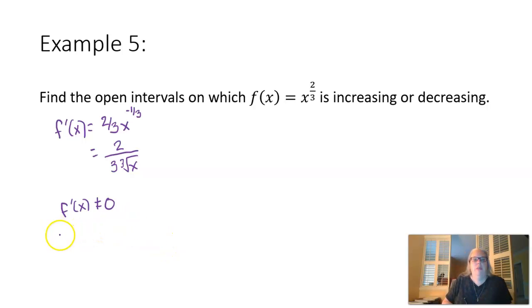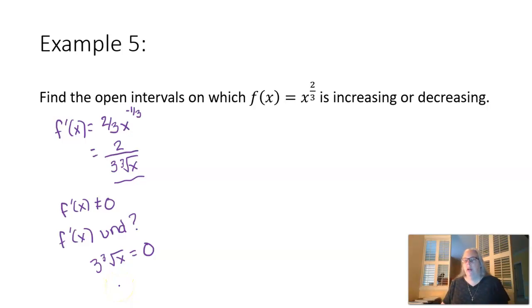So our next job is to find out, is our first derivative undefined somewhere? And the way to do that is we take the denominator 3 times the cube root of x, and we set it equal to 0, because remember, we don't want to divide by 0. Alright, if we divide that 3 away, we'll have the cube root of x equal to 0.